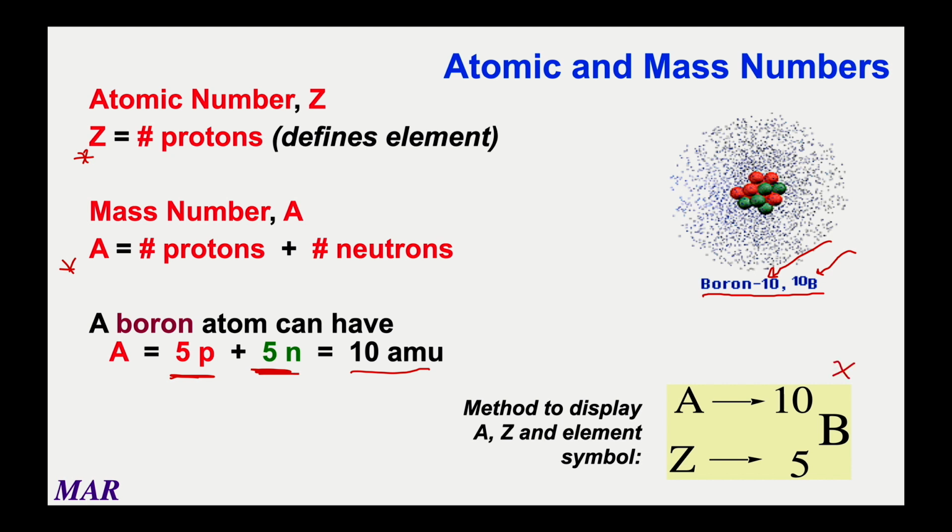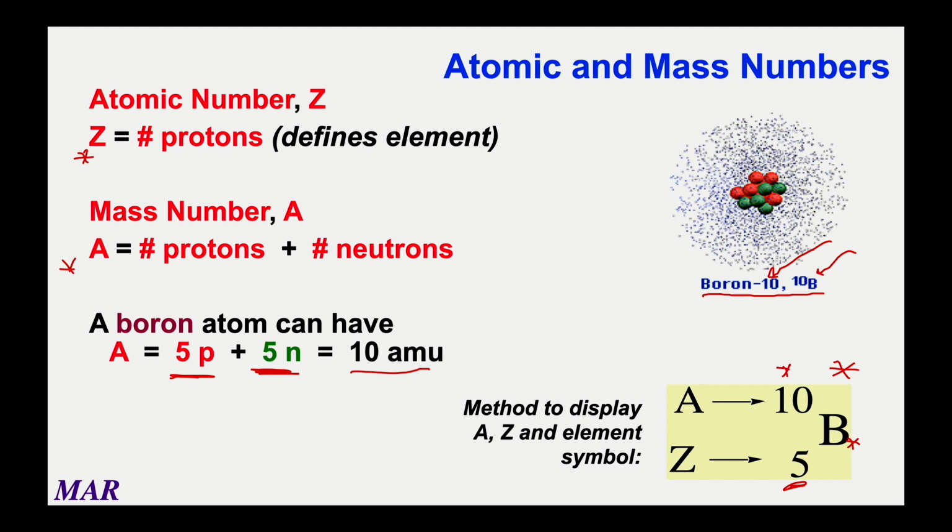The ultimate way to write an isotope is like this. Lower left-hand number is the atomic number Z, the number of protons. Upper left-hand number is the mass number, that's protons plus neutrons, and then the symbol for the element goes right there. That's my favorite way to write the isotopes, but you will see boron-10 or 10B sometimes.